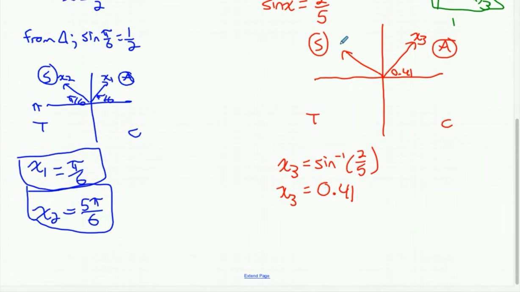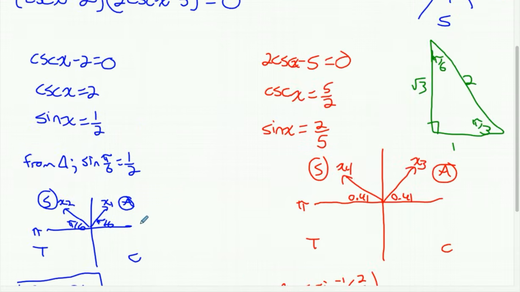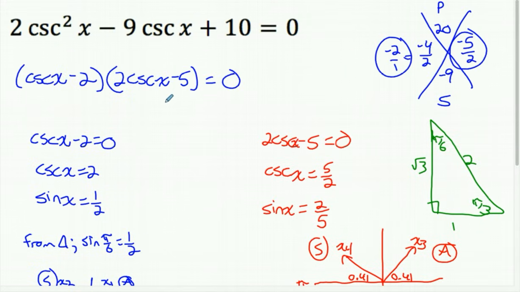Place that same reference angle, and we'll get our fourth answer for x. It fell 0.41 radians short of pi radians. So x4, we would just do pi minus 0.41, and that's about 2.73 radians. So 4 answers for x. All 4 of these answers, 1, 2, 3, 4, are going to make our original quadratic equal to 0.